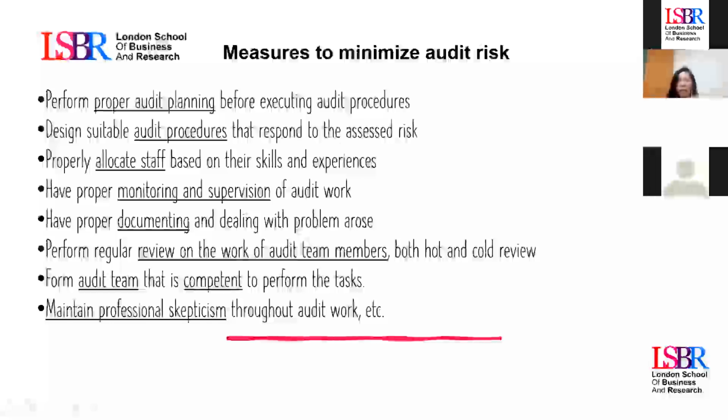So the leader of the audit needs to supervise all the tasks of the staff in the audit team. Another measure to minimize audit risk is documenting, because the audit needs to give evidence: how we can prove our conclusion with evidence, with documentation.